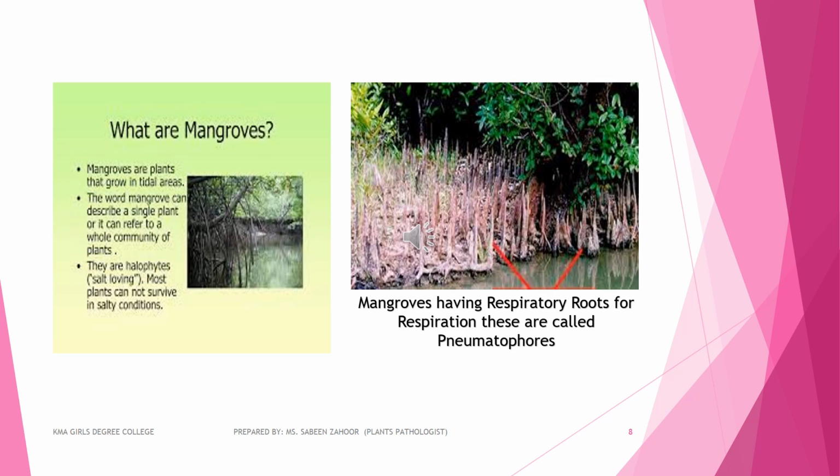So these roots are called respiratory roots because they perform the function of respiration. And the special term we use for these respiratory roots is pneumatophore. Right girls, keep this word in your mind.